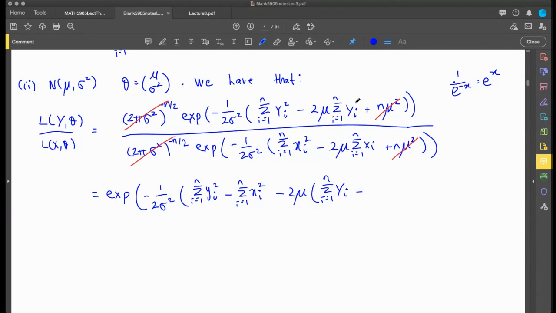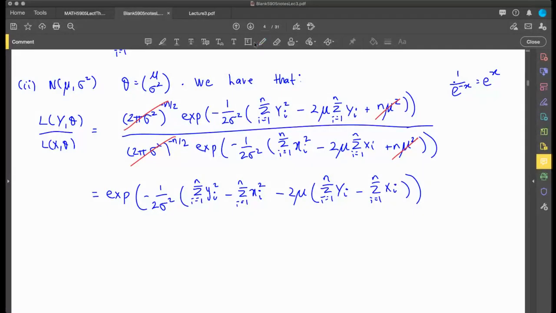And this one is on the bottom, make it to the top, so this will be minus. Here, minus minus makes this plus when it goes to the top. The sum from i equal 1 to n of xi.